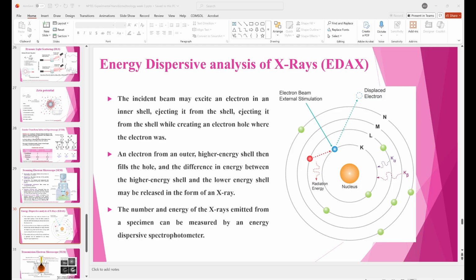Let's see how many are there. First one is cubic. In cubic, what is happening? Your a, b, c are equal and alpha, beta, gamma are equal to 90 degrees. Then it falls under cubic. So cubic has primitive, body centered and face centered. You should remember that cubic does not have side centered.